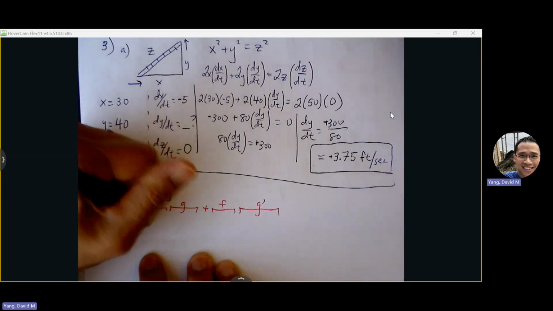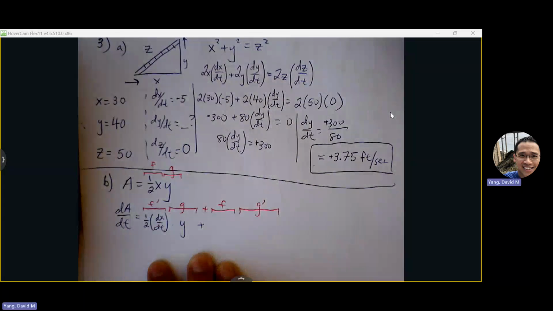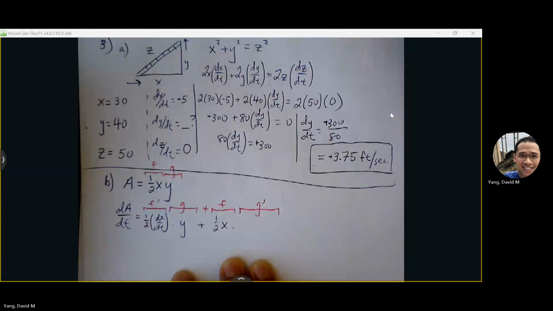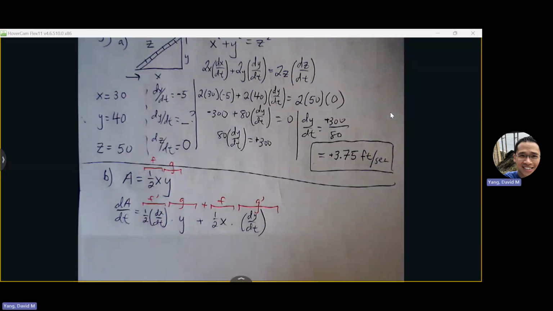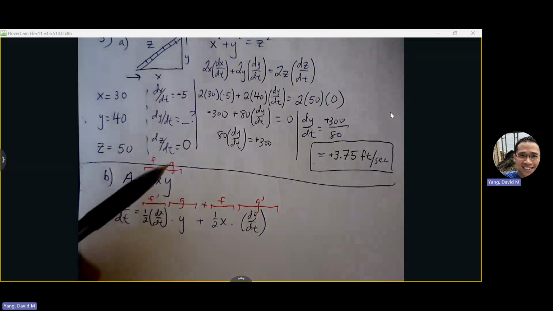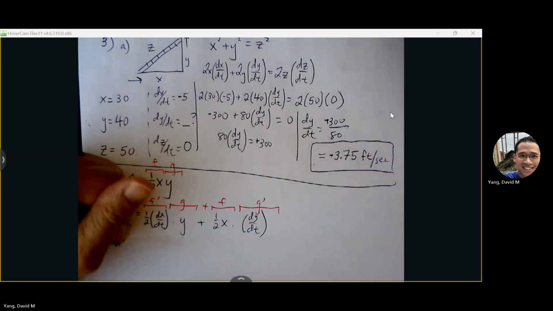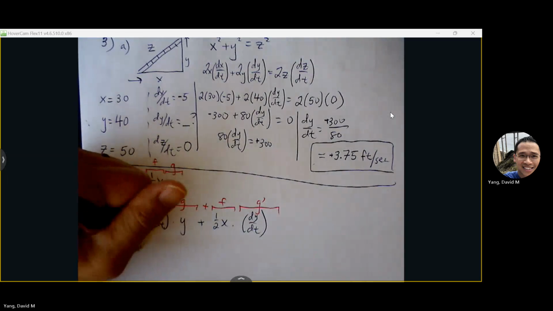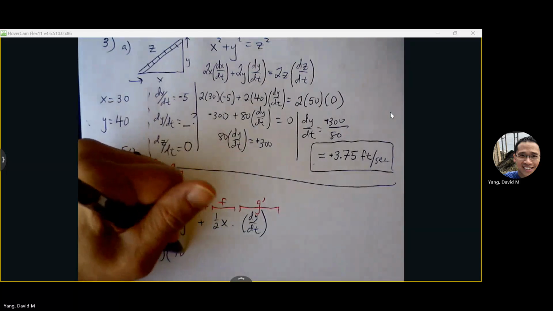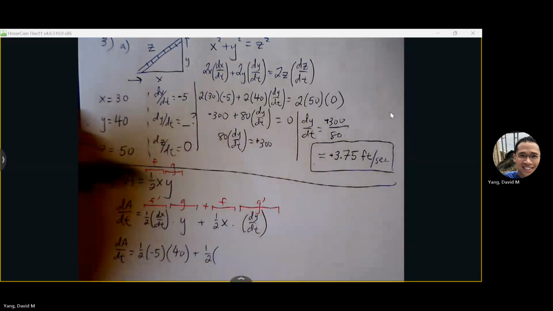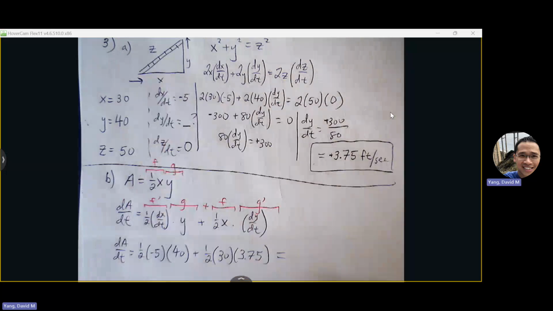One half x becomes 1/2 dx/dt. G stays as y. F stays as 1/2 x. And g prime is dy/dt. Okay. We can reuse everything from part A since this is talking about the same moment in time. So, okay, plug in the calculator.